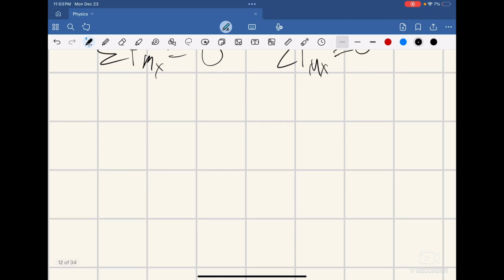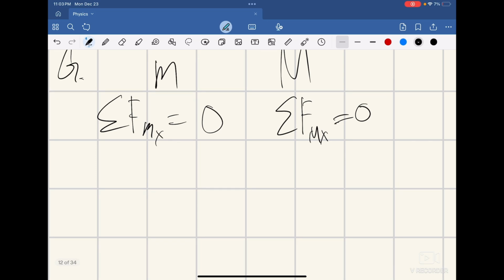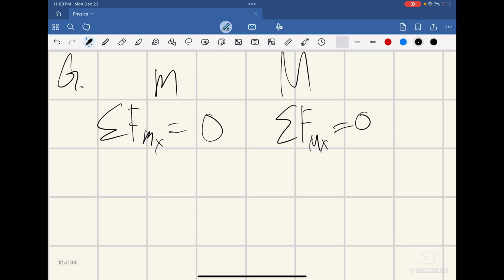What we know about, well, you don't really need to know about the small m. We just need to focus on the big M right here, because big M is given by F_s minus F_g, or it doesn't matter which way it goes, because F_g and F_n, basically they're equal to each other, right?